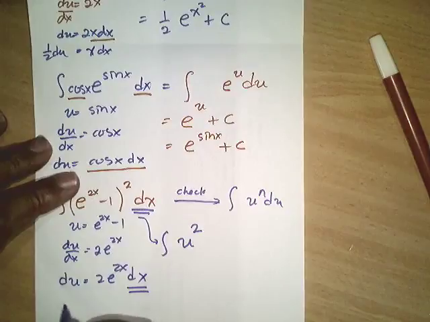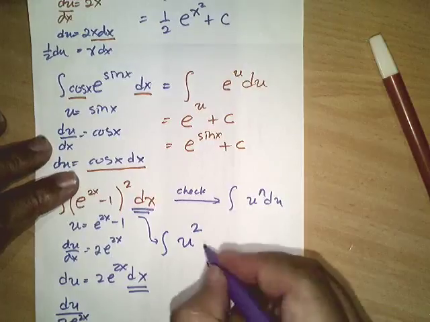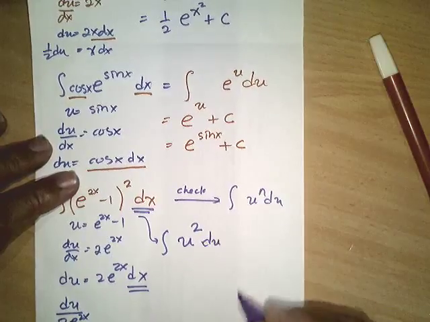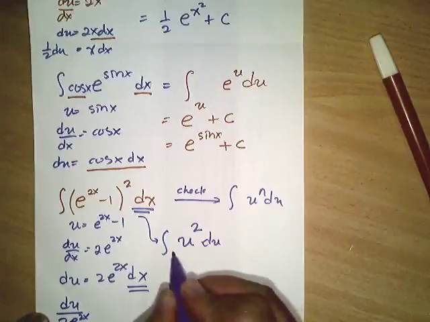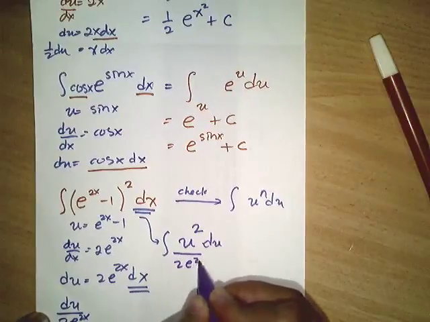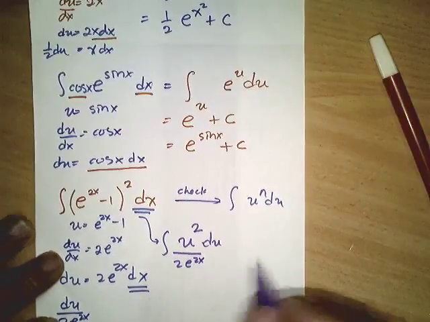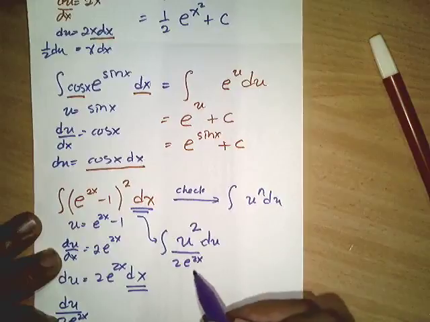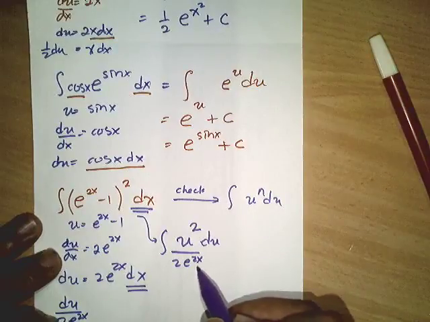So you're going to be thinking of du over 2e to the 2x. If you put it there, du divided by 2e to the 2x, this cannot be solved because there is still x.